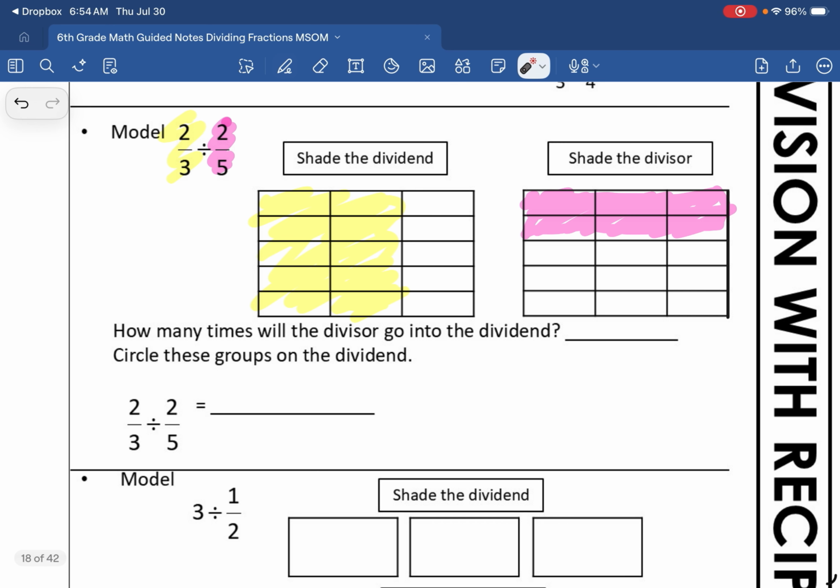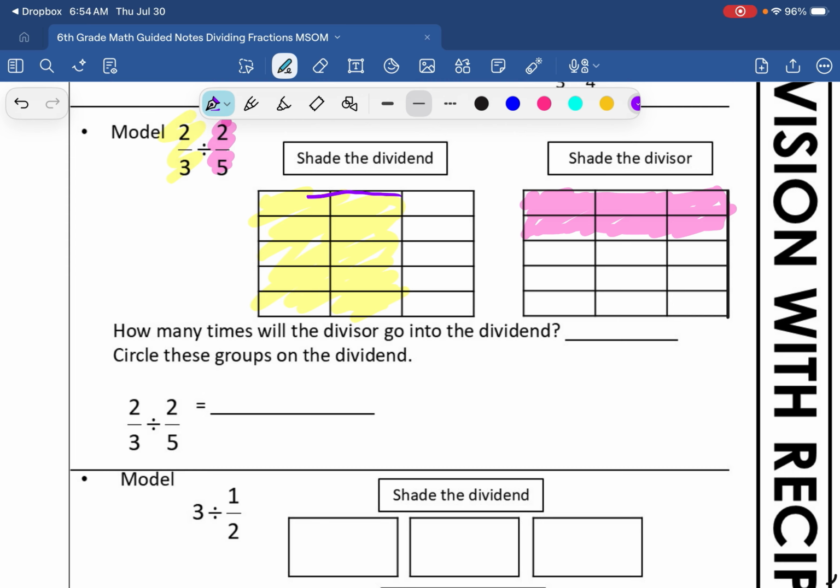How many times will the divisor go into the dividend? So there's 1, 2, 3, 4, 5, 6 rectangles in my divisor. So I need to circle groups of 6. So here is one group of 6, and here is another group of 6. So this is one right here, 1, and in this group of 6, only 4 of the 6 are shaded.